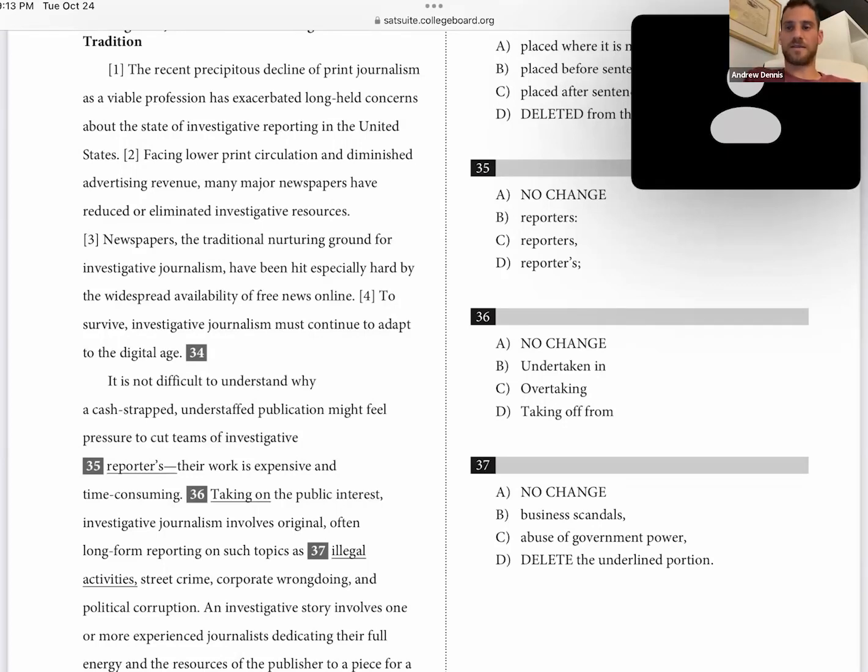Investigative journalism often involves original, often long-form reporting on topics such as illegal activities, street crime, corporate wrongdoing, and political corruption, such as abuse of government power. Delete or keep? What do we think here for 37?